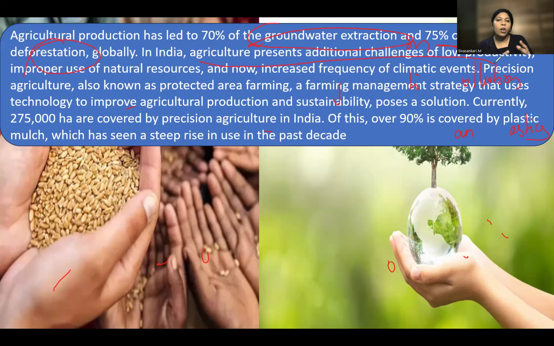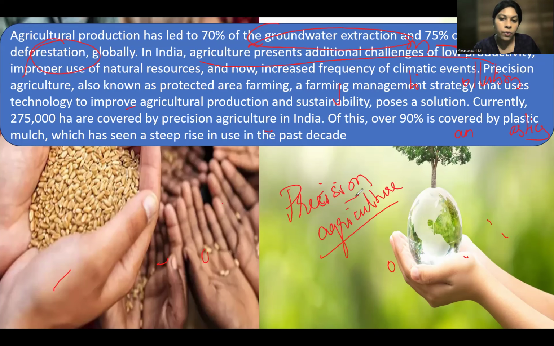So then only we thought we will go to precision agriculture. This is something called the term precision agriculture. Even India takes care of this. In precision agriculture, that means improving agricultural production through some technology.